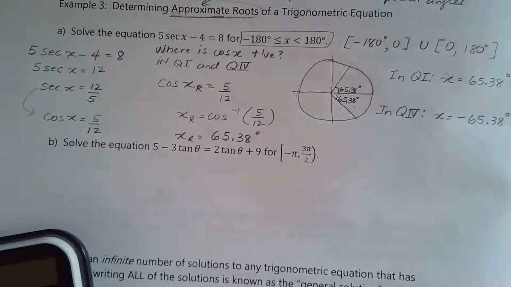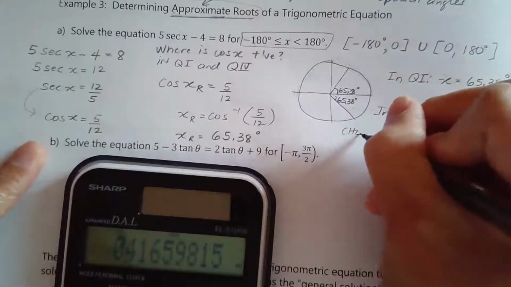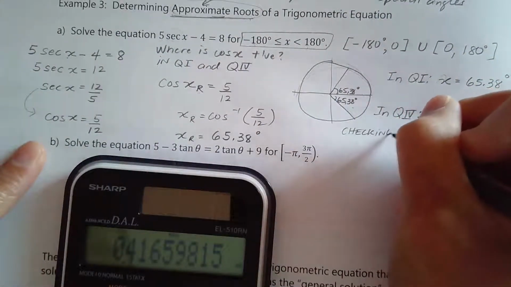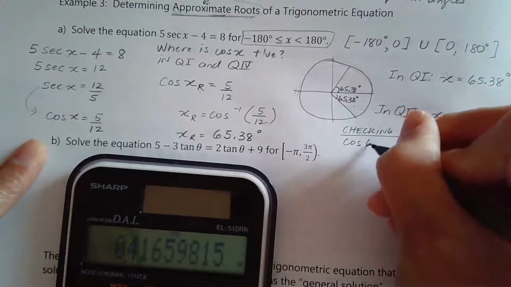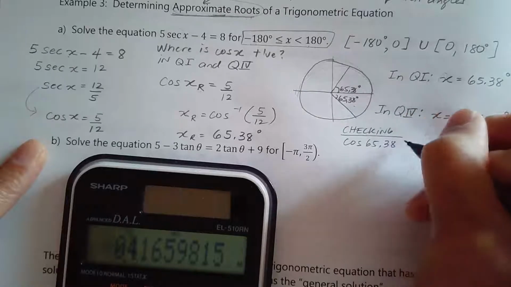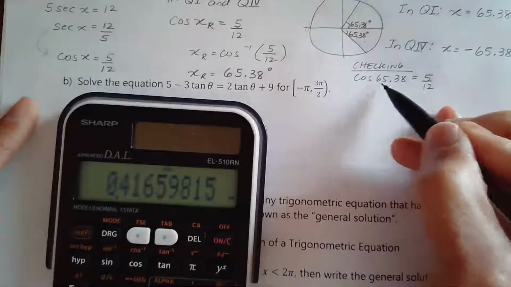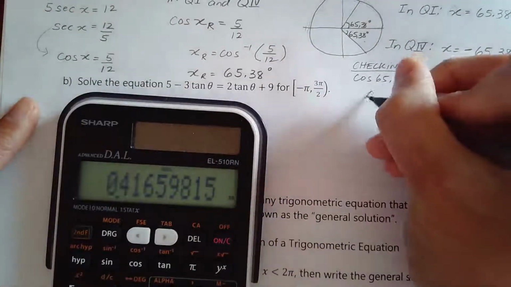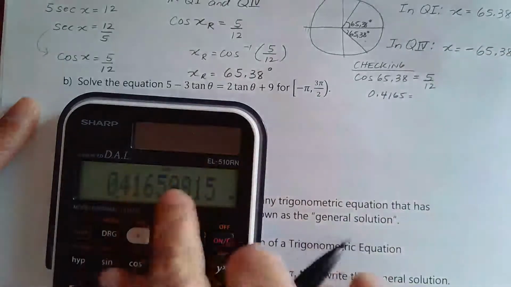It's my checking. So the left side, cosine of 65.38, has to be equal to 5/12. I typed in cosine of 65.38 and I got 0.4165 and a whole bunch of decimals.